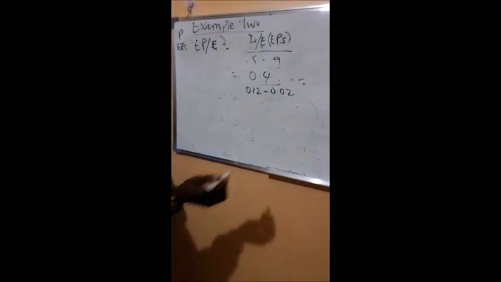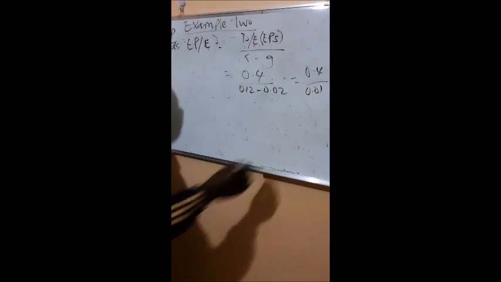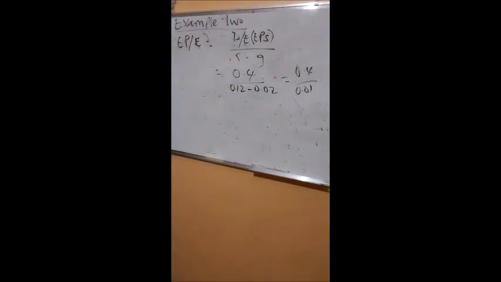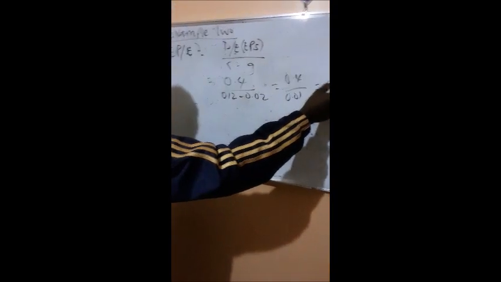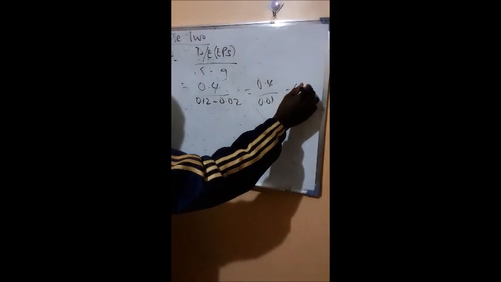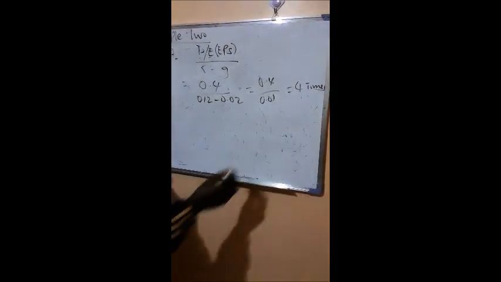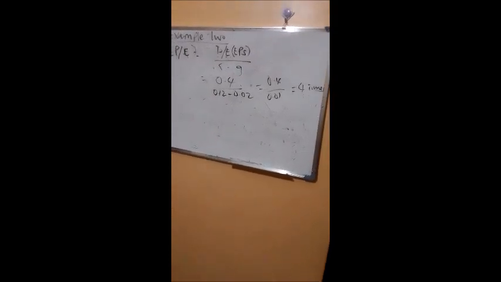So if you divide, you will get 0.4 divided by 0.10, which gives the expected P/E ratio equal to 4 times.